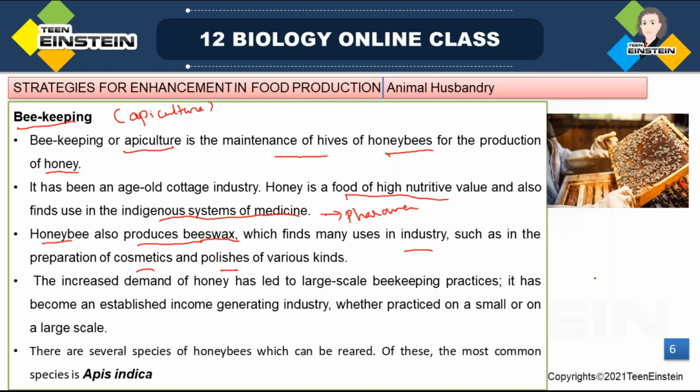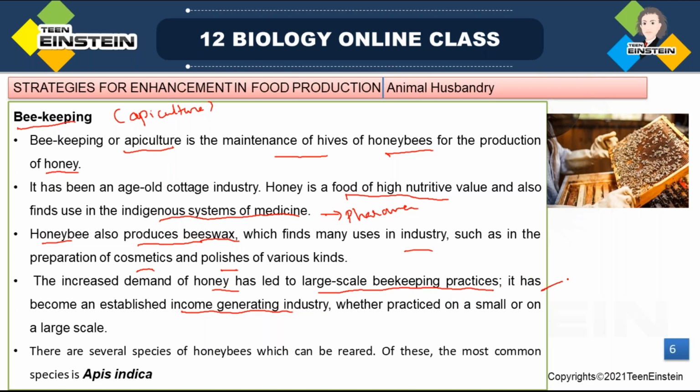In different areas they are practicing, or training is given to people. Nowadays small scale business people are doing it, and they are generating very good income from this industry. This increased demand for honey led to large scale beekeeping practices.